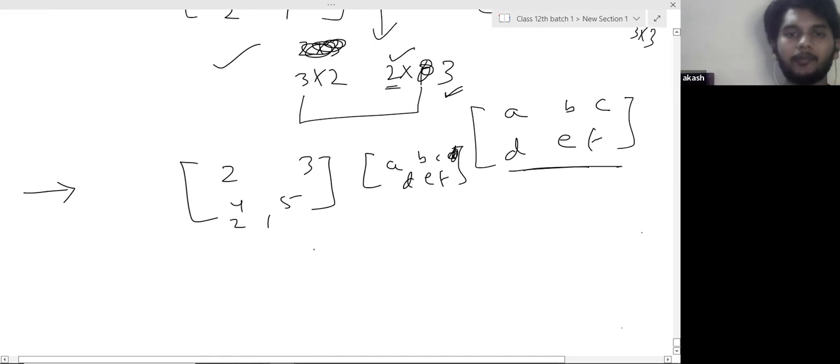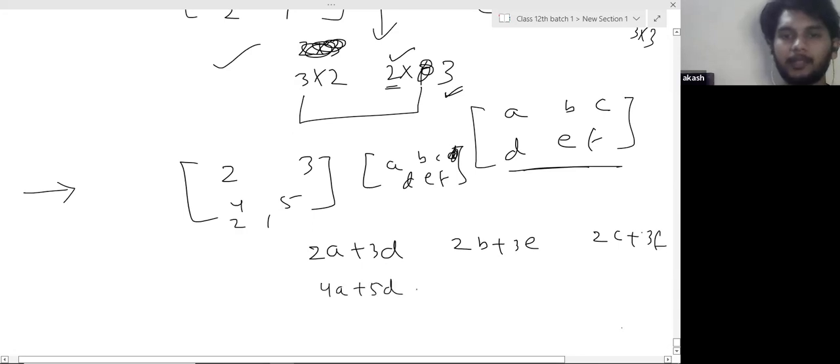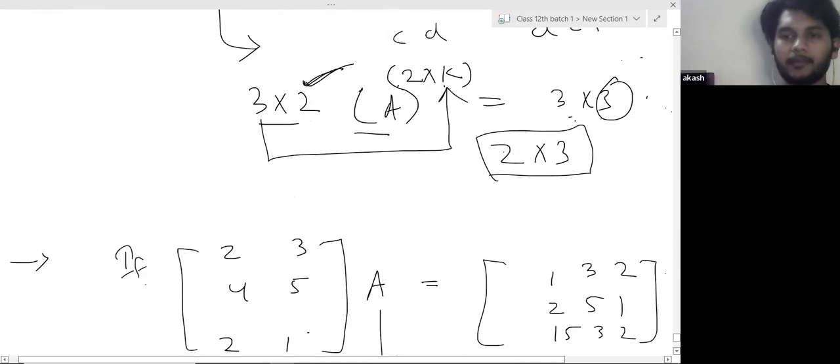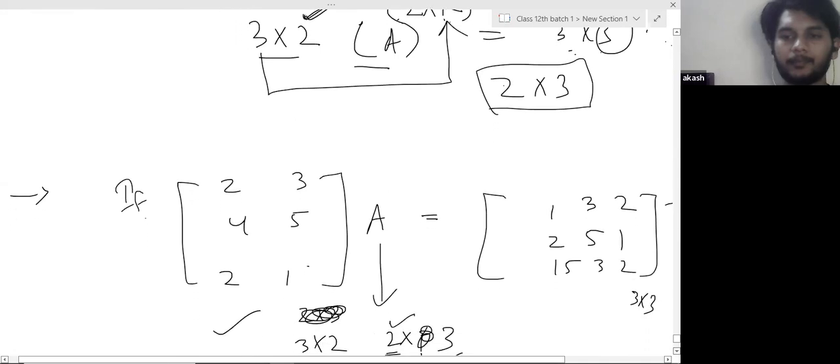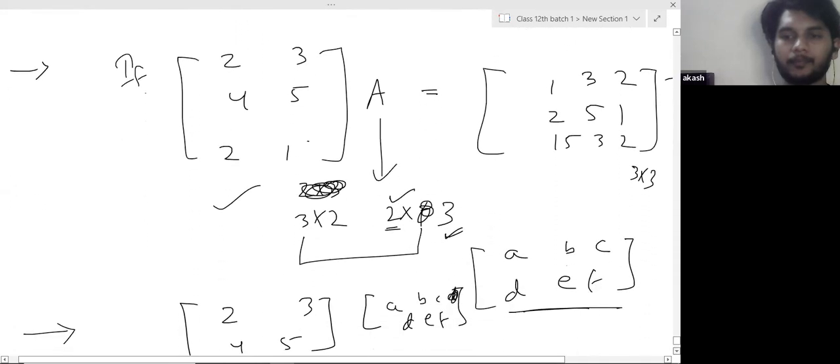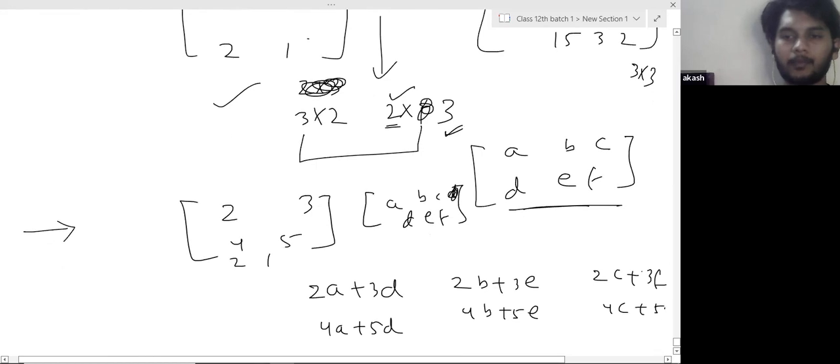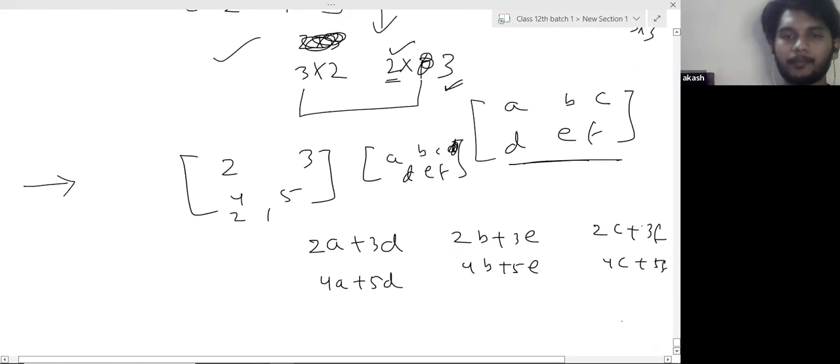So here we'll have 2a plus 3d, 2b plus 3e, 2c plus 3f, 4a plus 5d, 4b plus 5e, 4c plus 5f, and 2a plus d, 2b plus e, and 2c plus f.